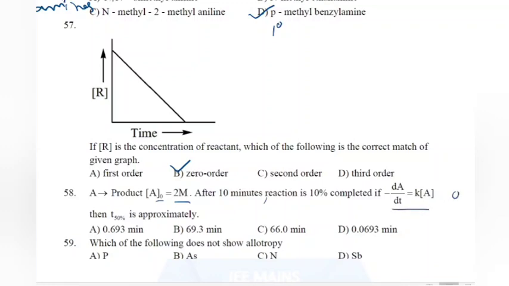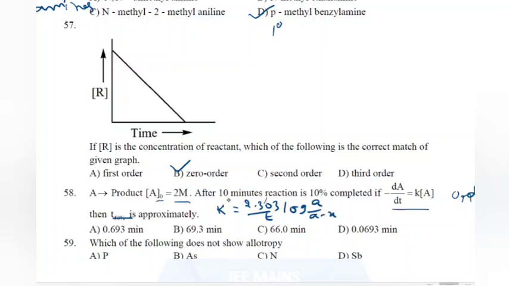From the rate equation, we can say that the order is 1. So for the first order reaction, they are asking for t 50%. Means first we need to calculate K. How to calculate K? That is nothing but K equals 2.303 by t into log A by A minus x, right?